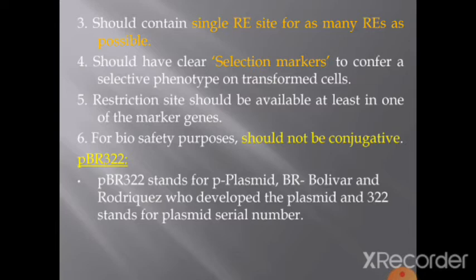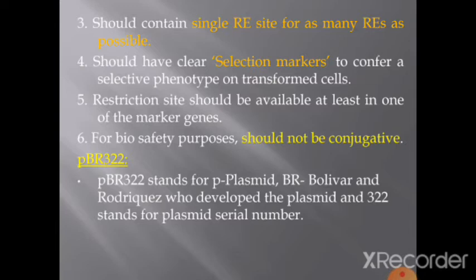Then they should have clear selection markers, as I taught you just now, to confer a selective phenotype on transformed cells. I will tell you a little later what exactly this is. Then a restriction site should be available in at least one of the marker genes. When I take up the example of pBR322, I will explain what exactly I meant.